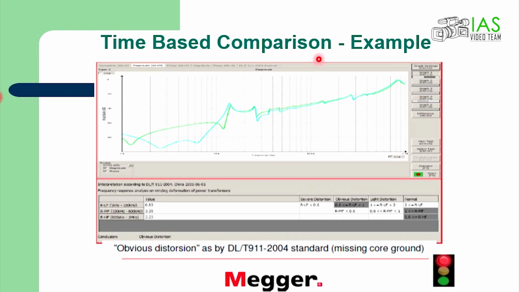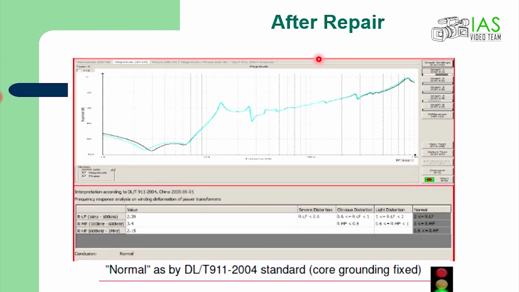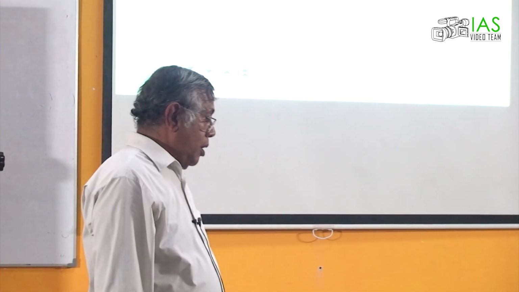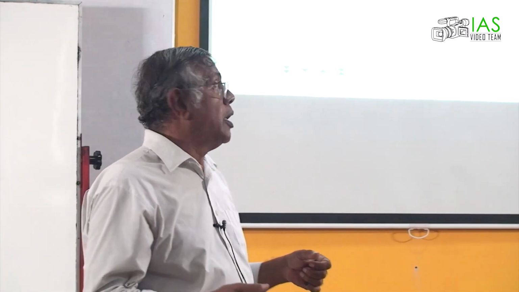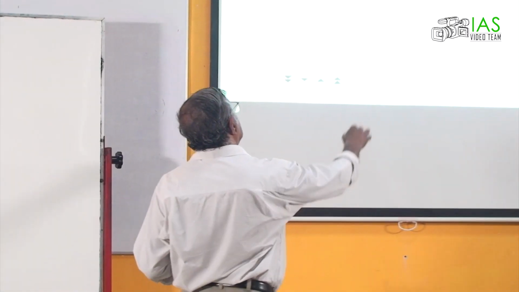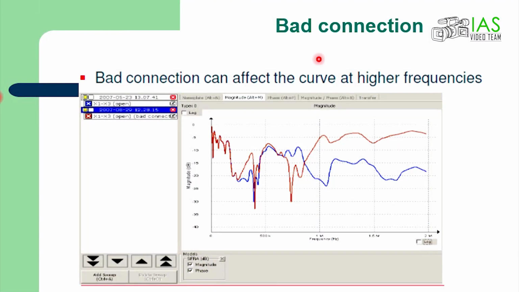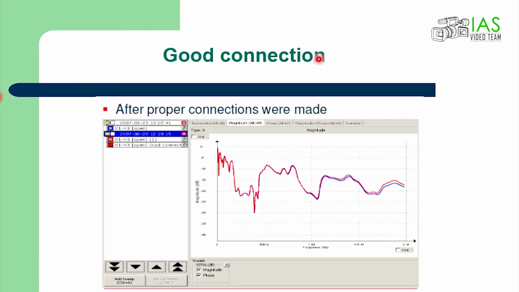Now, after repair, that shows exactly like that. It doesn't deviate. So, when I put the connections for the test, if you have bad connections, this high frequency side goes apart. Now, a good connection again comes like this.